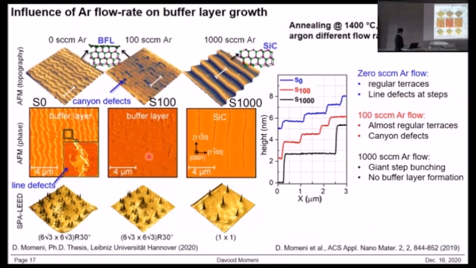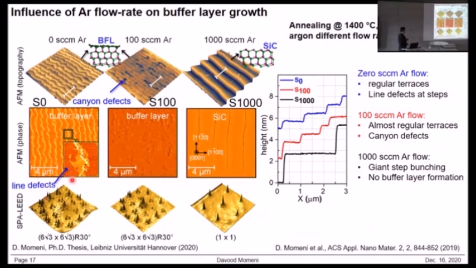It's even more interesting when we look at the AFM phase images of the samples. In the case of 100 SCCM and 0 SCCM, we can see that when we have a gentle gas flow, like 100 SCCM, we get some kind of canyon-like defects, which is not the case at 0 SCCM. At 0 SCCM, we have a slight warp between the steps, as you can see in this image.